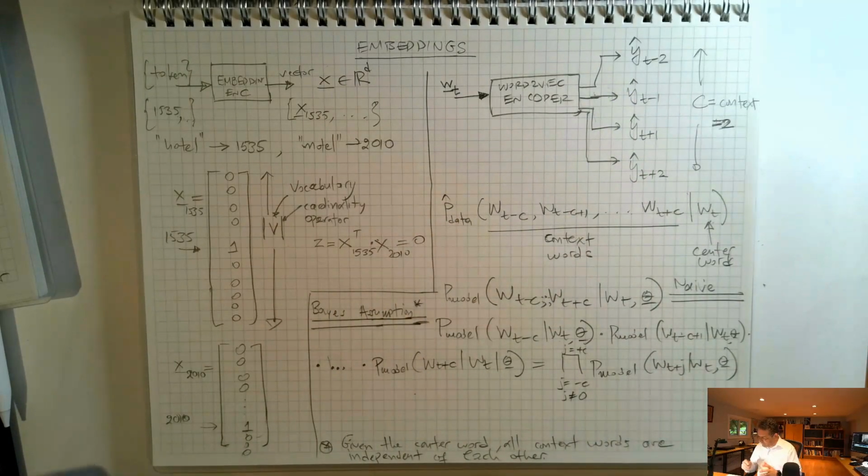And the next step is to define, if you like, a loss function. And this loss function should not be any different from the maximum likelihood loss function.